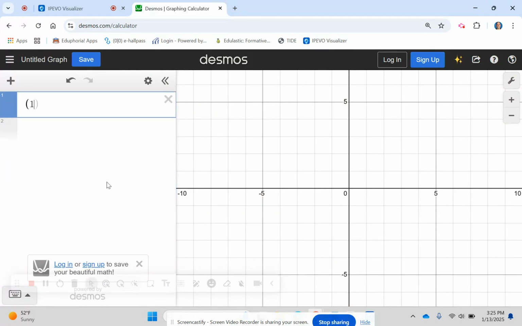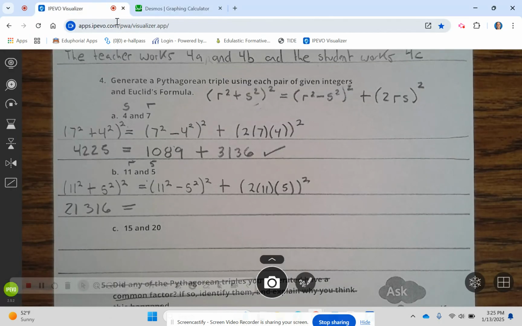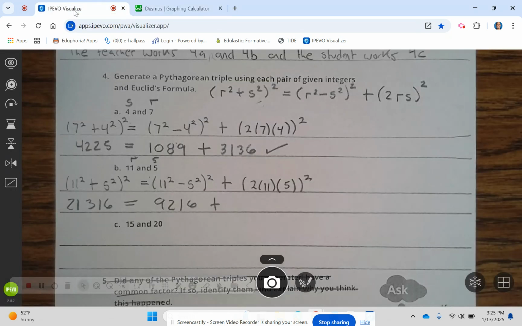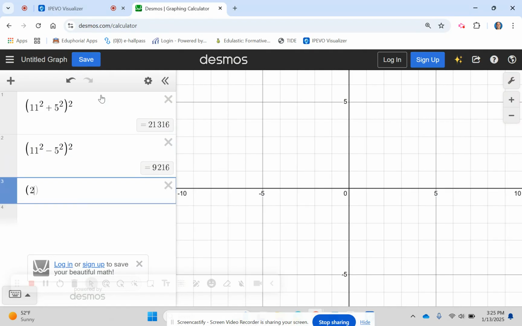So we do 11 squared plus 5 squared, squared is 21,316 equals 11 squared minus 5 squared, squared is 9,216, and 2 times 11 times 5 squared.